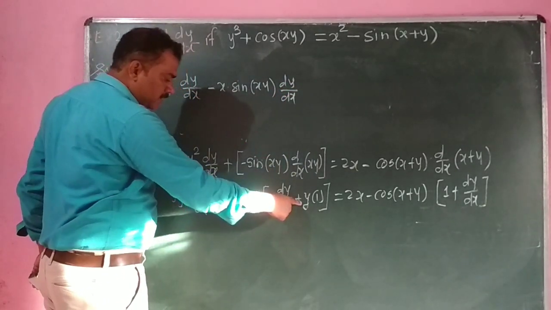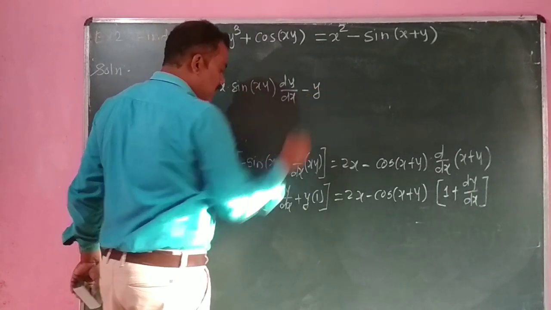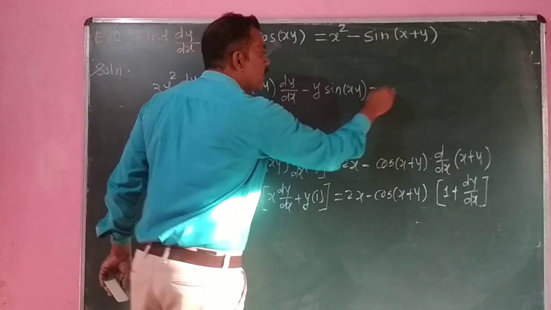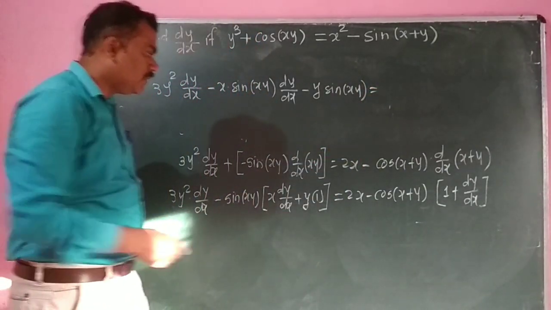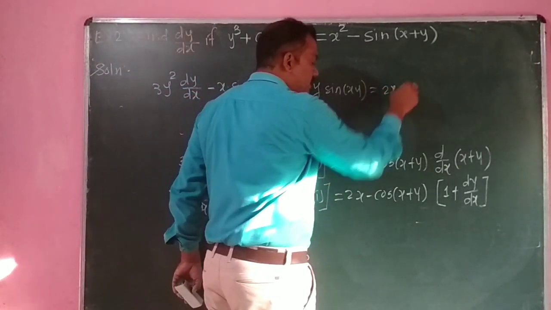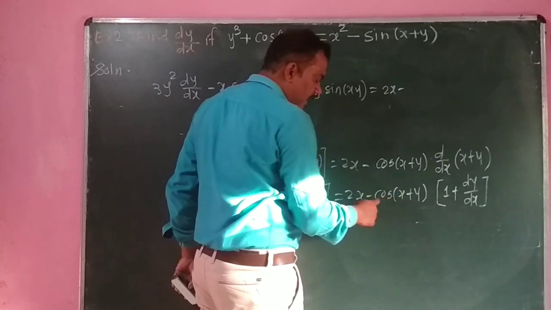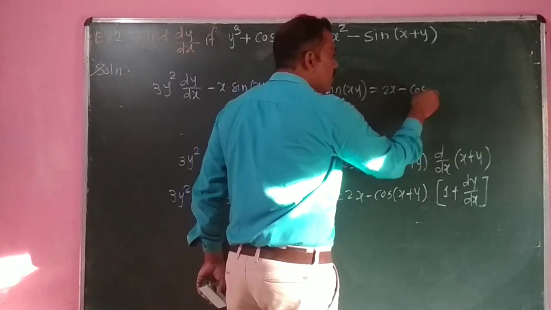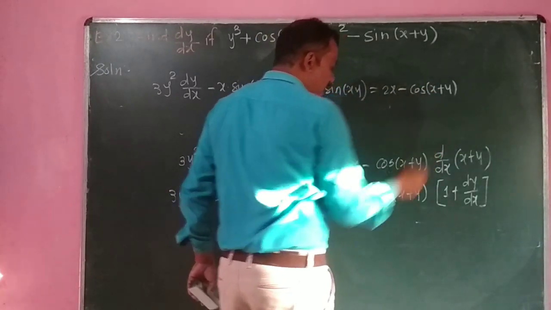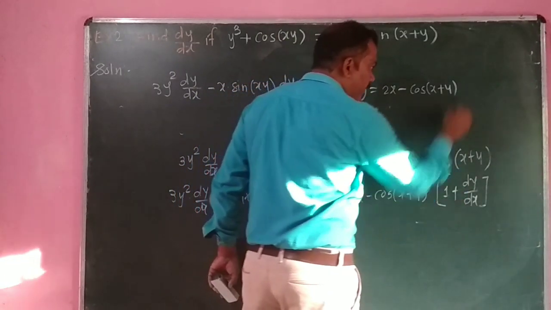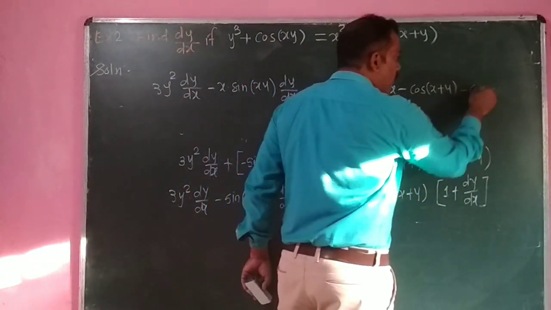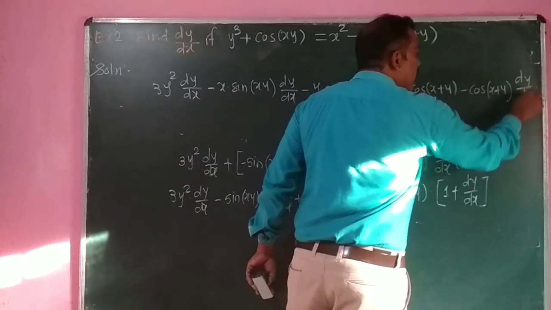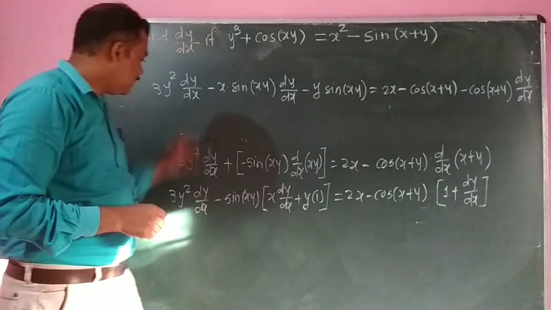Here plus into minus is nothing but minus y sine of xy, is equal to, here 2x as it is, minus we have to multiply cos of x plus y inside the bracket, minus cos of x plus y into 1, that is nothing but minus cos of x plus y, minus cos of x plus y into dy by dx. Here we have completed the first step.